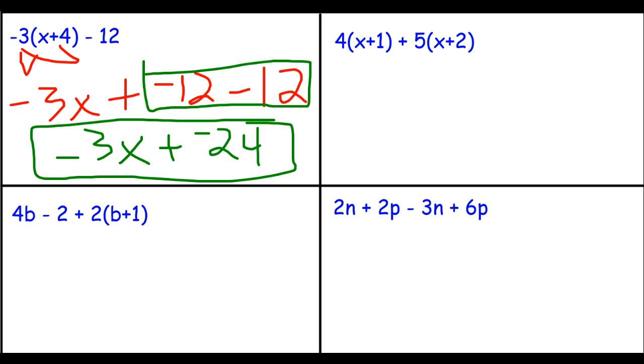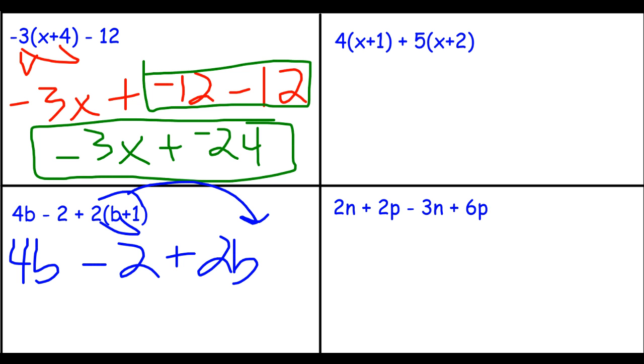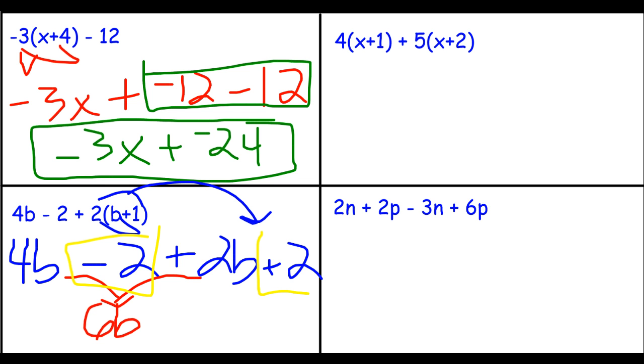For the one in the bottom left, we have a distributive property over on the right-hand side of this expression. So 4b minus 2 plus 2b plus 2. Remember that 2 has to be multiplied by everything. 4b plus 2b is 6b. And now we have a 2 that's being subtracted plus 2.